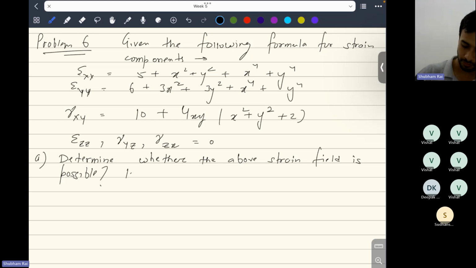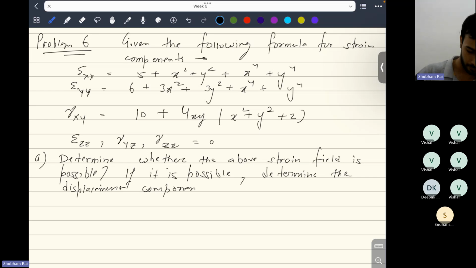And if it is possible, you have to determine the displacement components in terms of x and y.